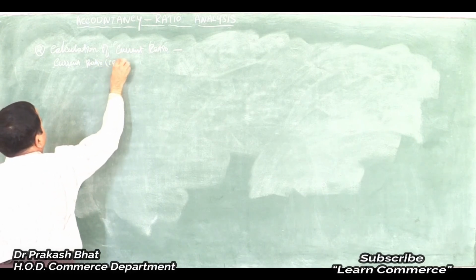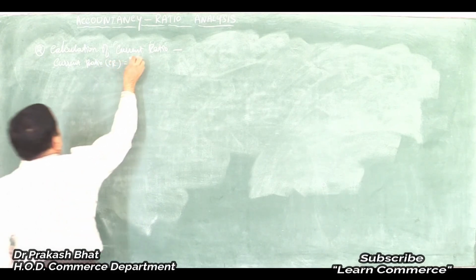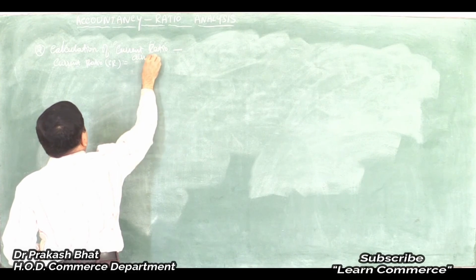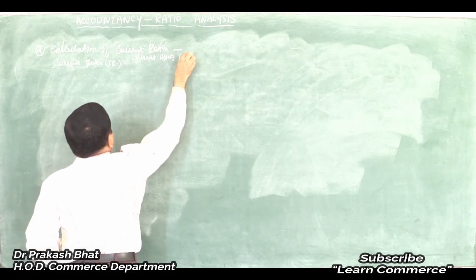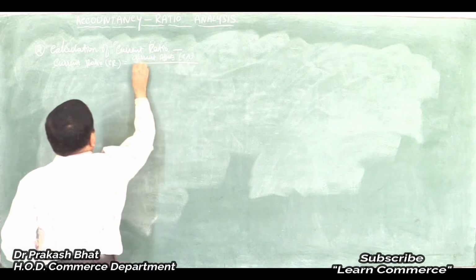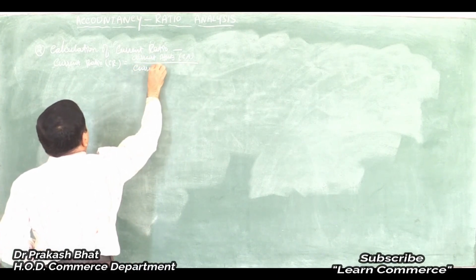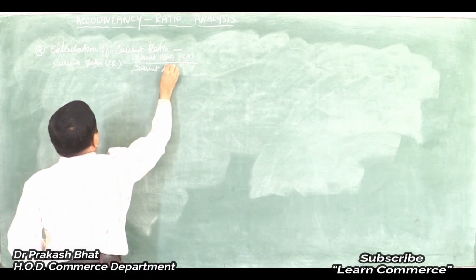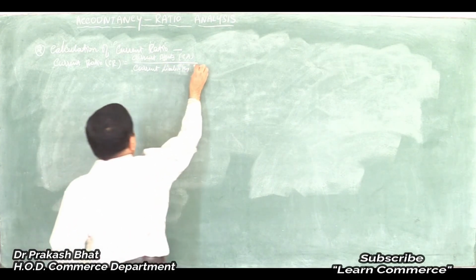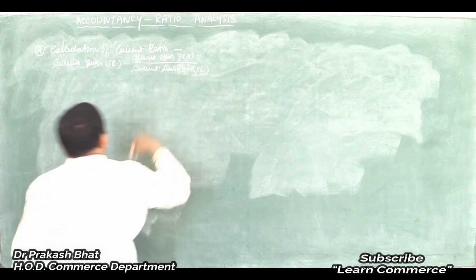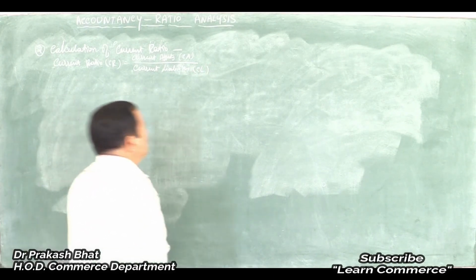CR is equal to current assets (CA) divided by current liabilities (CL), isn't it? Yes. What is given in the problem?